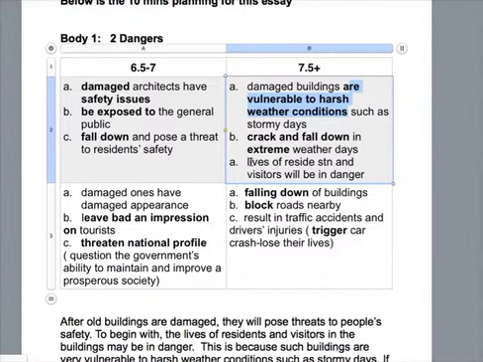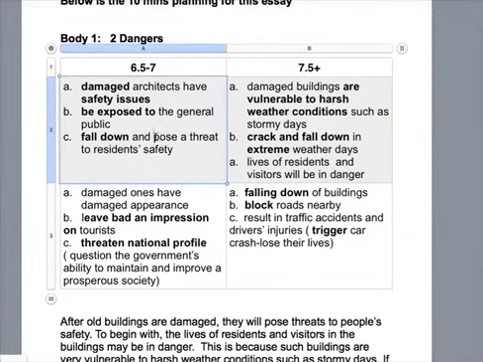Next one, lives of residents and visitors will be in danger. She poses threat to resident safety. So let's have a look at this one. Pose a threat to resident safety is correct, but because she used the safety at the beginning as well, in this case, this is a repetition.